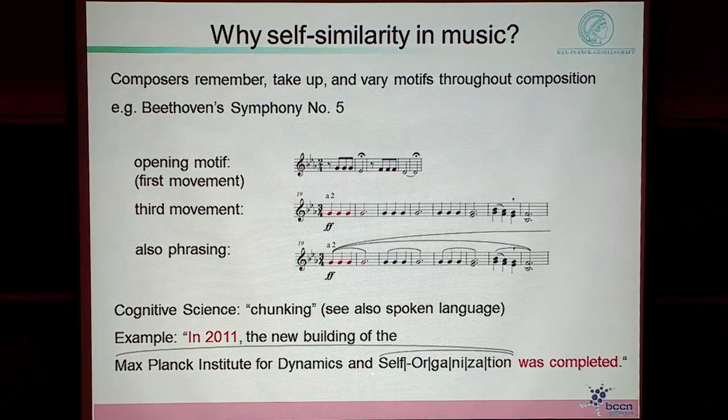Like, in order to understand the word self-organization, you have to store these 7 syllables, self-organization. Right? And then you get the sense. Then you get the word. And then there are smaller scales of phonemes where you also have to store. And this is the name of the institute.